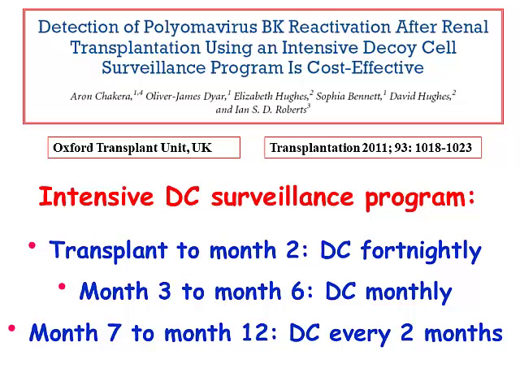They use an intensive surveillance program by looking for decoy cells in the urine. With this schedule, transplant to month 2, decoy cells looked for every 2 weeks. Then, for month 3 to 6, decoy cell search monthly. And then from month 7 to month 12, decoy cells every 2 months.